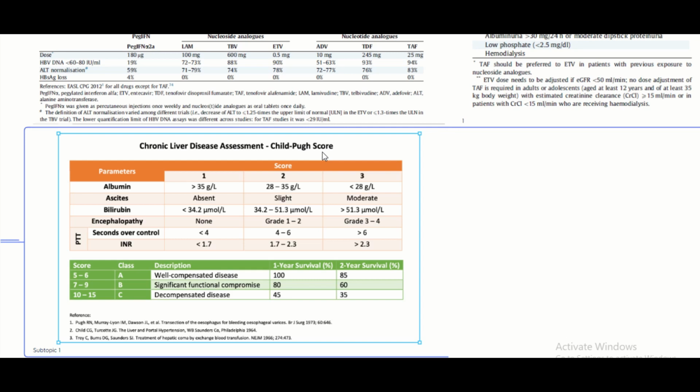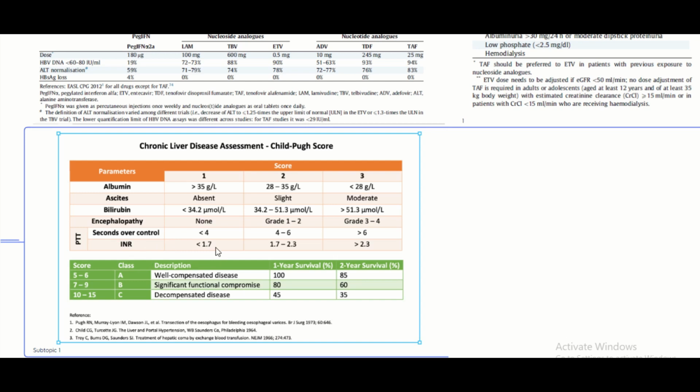In chronic liver disease assessment, this is cirrhosis assessment. As we said, in fibrosis we have 4 stages. These 4 stages are dependent on our ultrasound results. That can be 1, which is no fibrosis, 2 with minimal, 3 with moderate, and 4 it's almost cirrhosis.